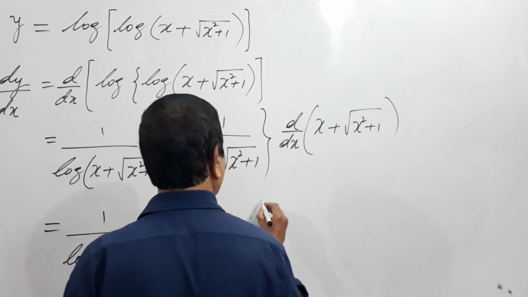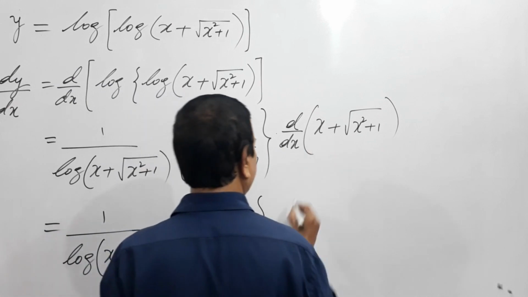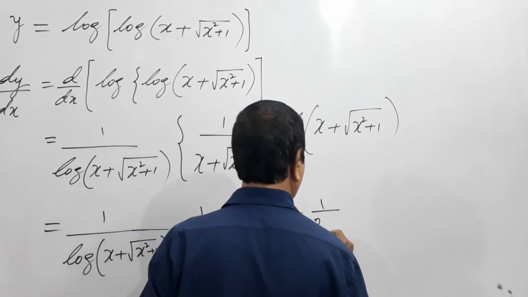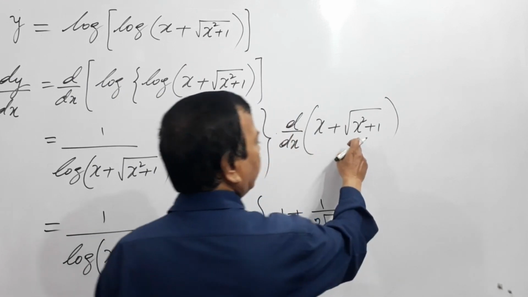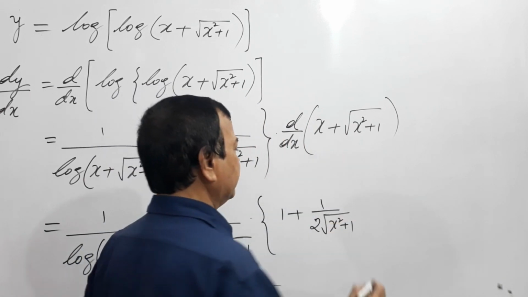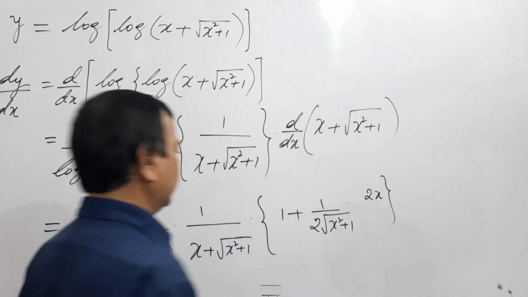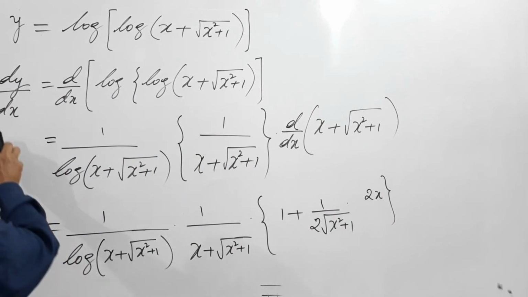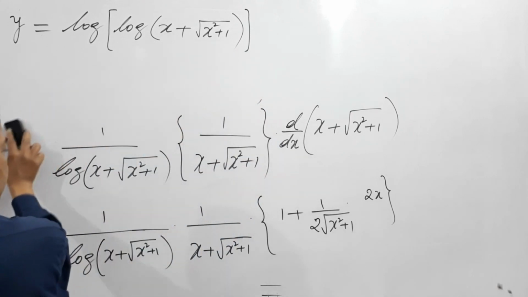So into, use the bracket here. You differentiate this: 1 plus under the root 2 x square plus 1 into d by dx of x square, that is into 2x. Got it? Please make a note of this.